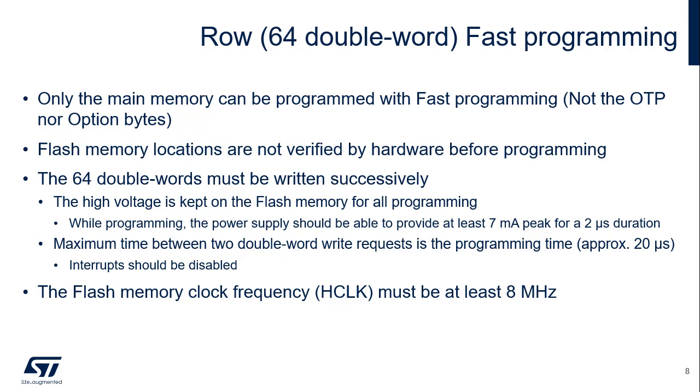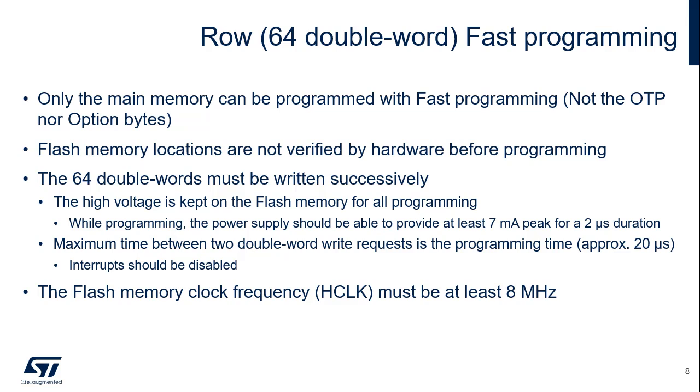Fast programming versus standard programming. With fast programming, 256 consecutive bytes are programmed at once, while standard programming uses 8-byte double words that can be located anywhere in the main flash memory. 8-byte programming is more reliable due to the verification step. It is important to note that the maximum time between 2 consecutive double words is approximately 20 microseconds.